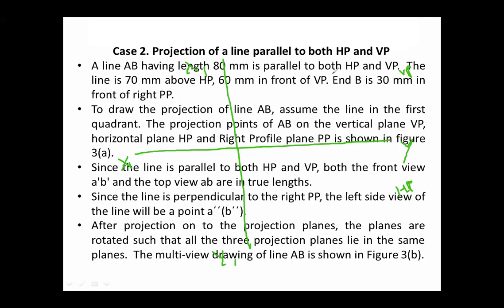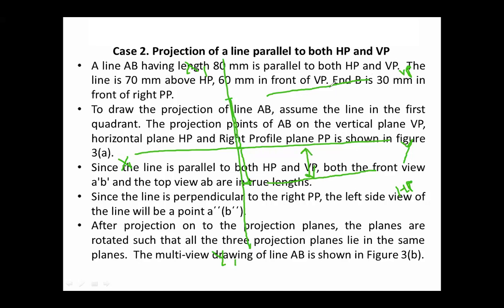So 80 mm can be anywhere, but it is written that it is 70 mm above HP. So this is HP when we see it from the front view. So the 70 mm distance is this much. So it will be somewhere like this. Then it is 60 mm in front of VP also. So this is 60 mm. So it will not be near this XY line. It will be some distance away. This is the 60 mm distance.